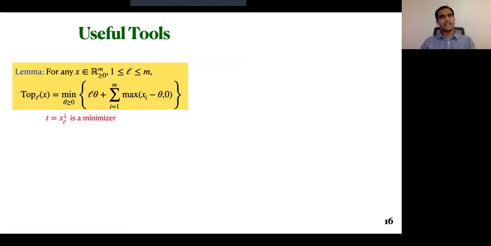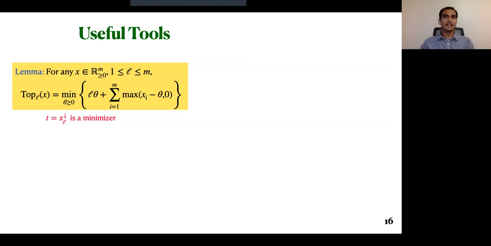Before delving into the algorithm, I would like to mention what tools are available to us from prior work. Note that unlike LP norms, top-l norms are not separable. So Chakraborty and Swamy work with the following characterization of top-l norms, which is in some sense separable and convenient to linearize. For any non-negative scalar theta and a coordinate i, we can bound xi by theta plus the portion of xi that lies above theta.